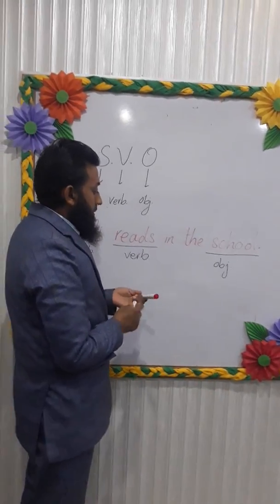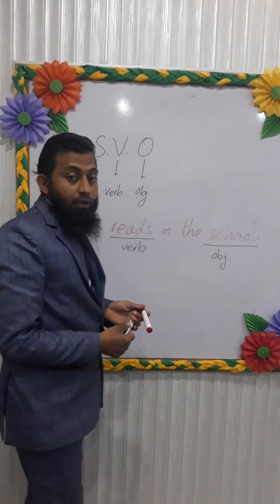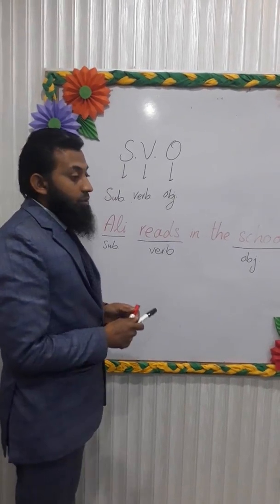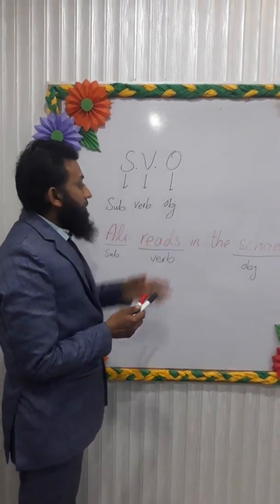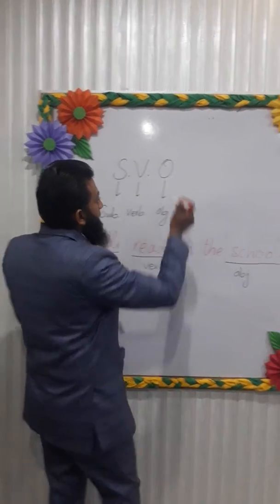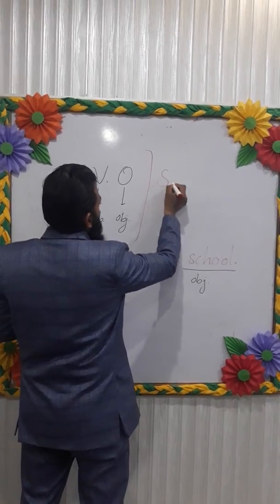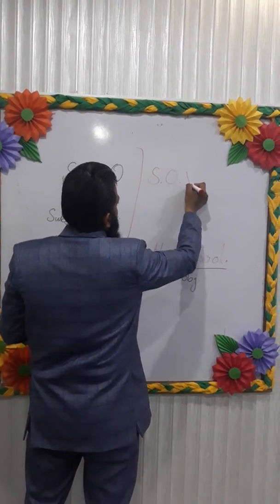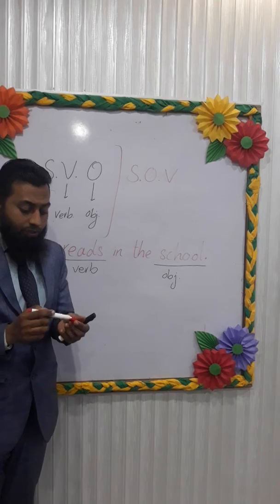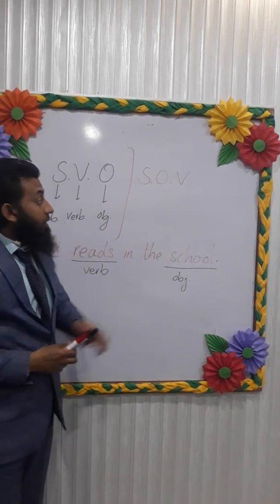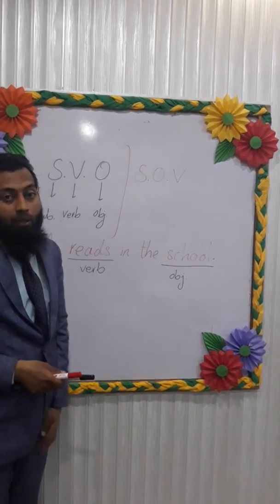And when we come to the Urdu structure, we know that the Urdu structure is totally different from SVO. In Urdu structure, we know that it is SOV. Urdu structure is like SOV: subject, object, and verb.